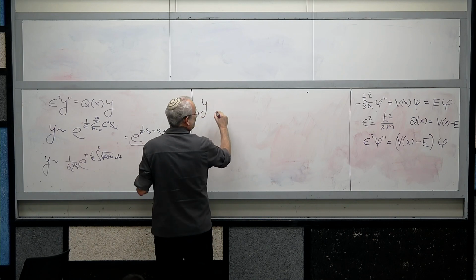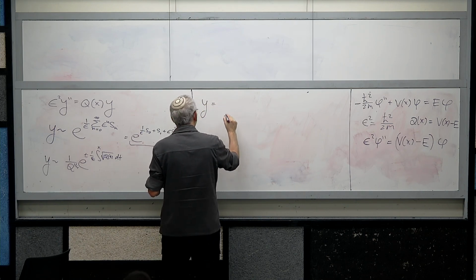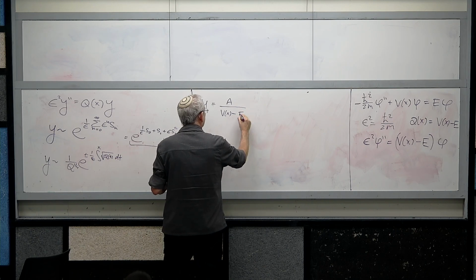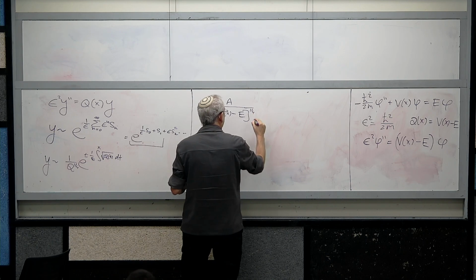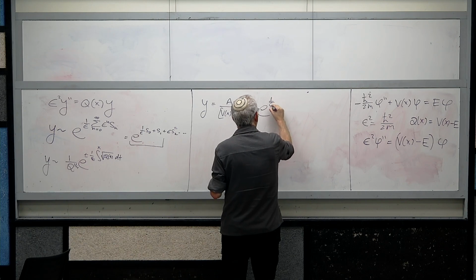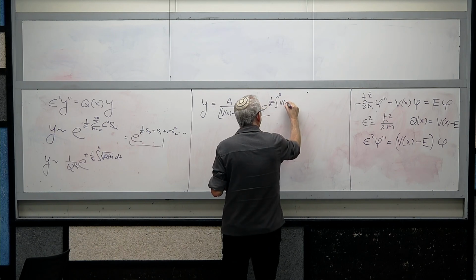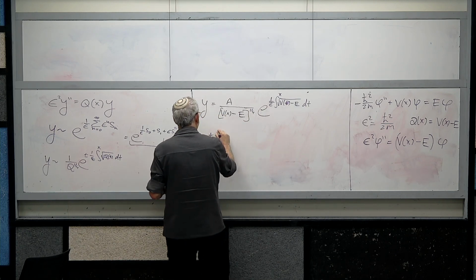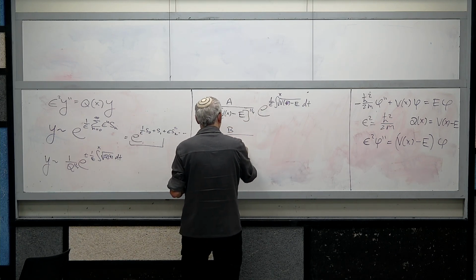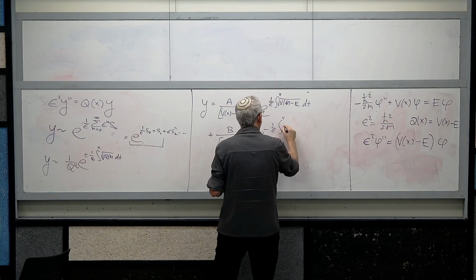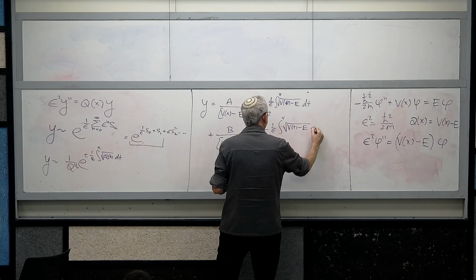So I will write in the most general case, in the Schrödinger case, that y is A over V of x minus E to the power of 1/4, times e to the plus 1 over epsilon integral up to x of the square root of V of t minus E dt, plus B over V of x minus E to the power of 1/4 times e to the minus 1 over epsilon, this integral of the square root of V of t minus E dt.